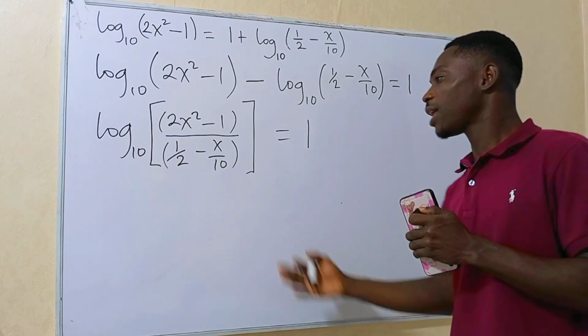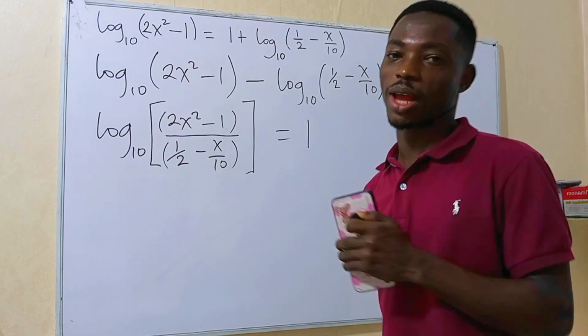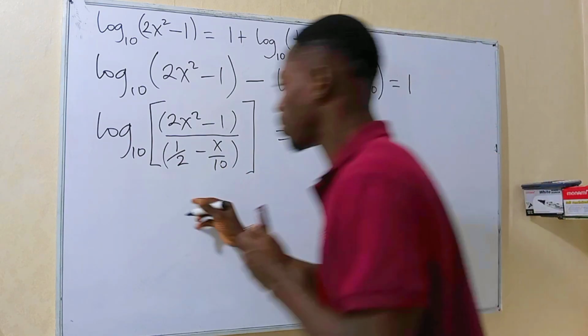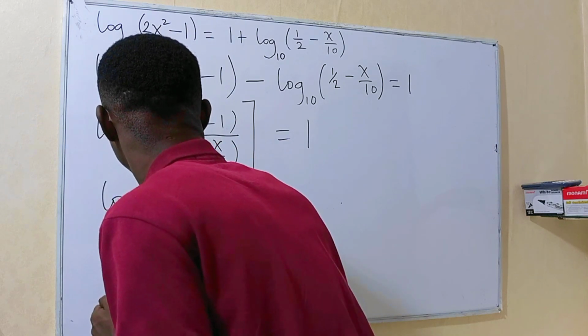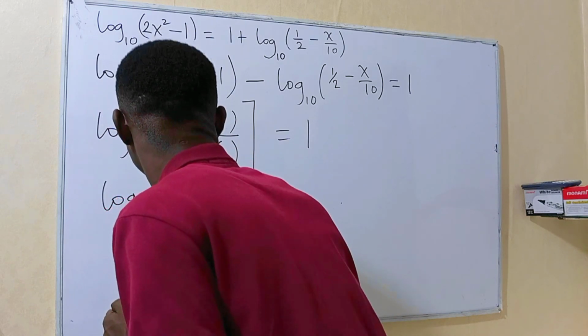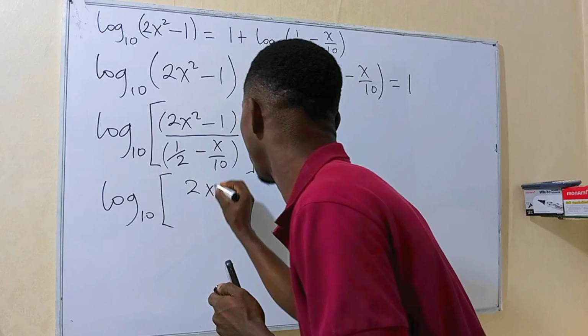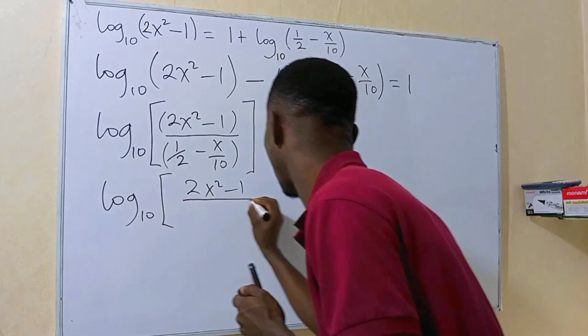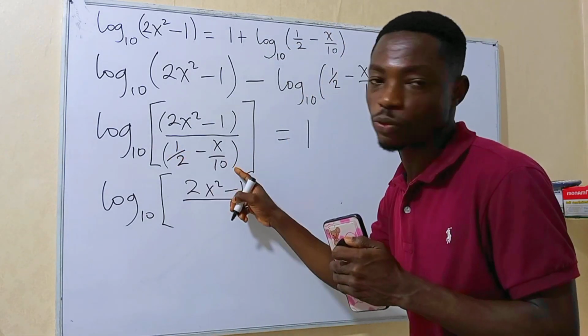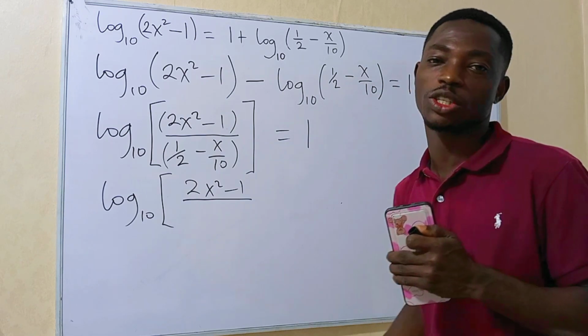Easy. Next step, let's combine these two fractions so that things will be pretty easy. So this is going to be log base 10 of 2x squared minus 1 divided by, now combining these two fractions, we have to ensure we have a common denominator.